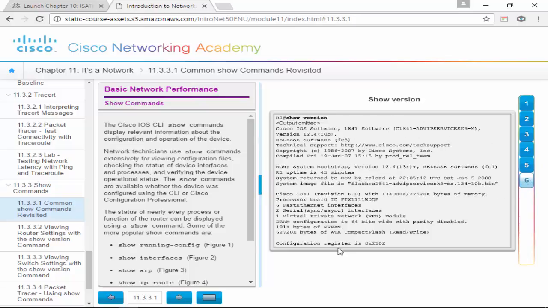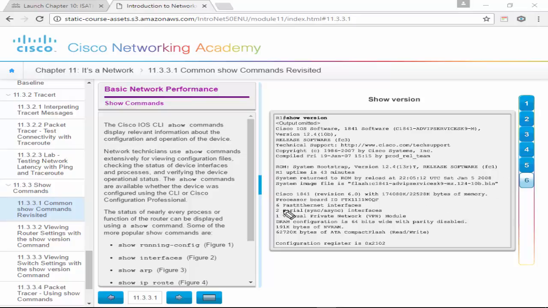Show version. This shows us everything. There's been test questions on it. It shows us stuff on resetting our router, where we change the configuration register between 2102 and 2142 for password reset. It tells us to bypass configuration, change that. It shows us how much NVRAM we have. It shows us our image, where our image is loading from.